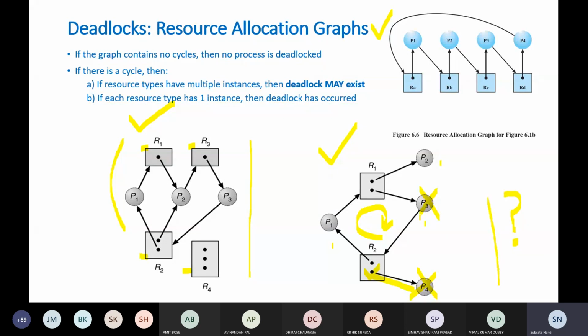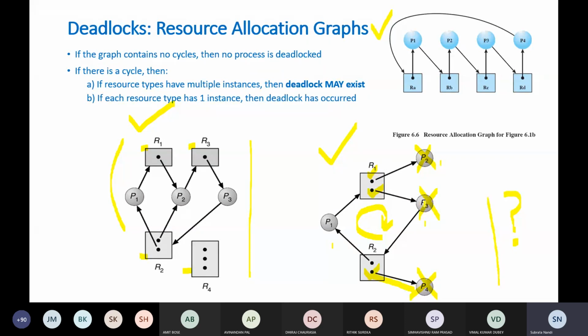Now once P3 has completed, it will definitely release the resources that it is holding. Which one will it release? It will release this unit, okay? And maybe meanwhile P2 has also completed and will release this unit also. Now P1 was holding one unit of resource R2 and was waiting for long for one unit of R1.